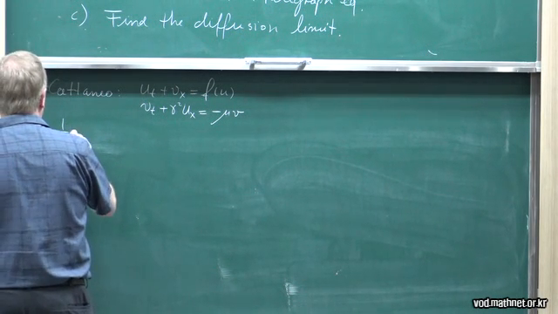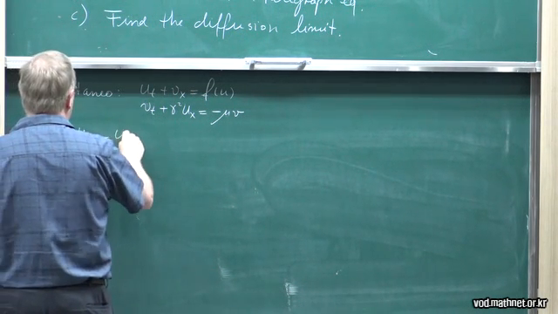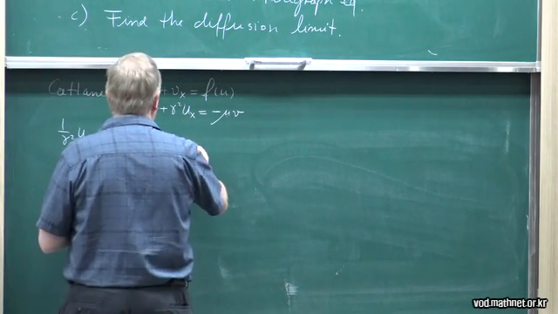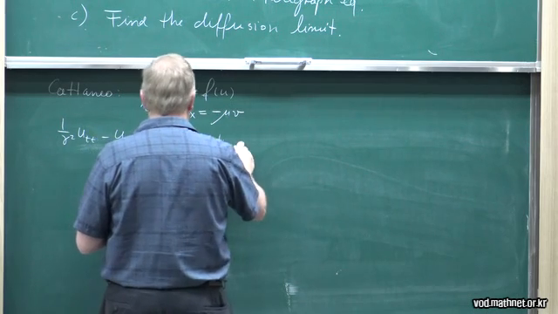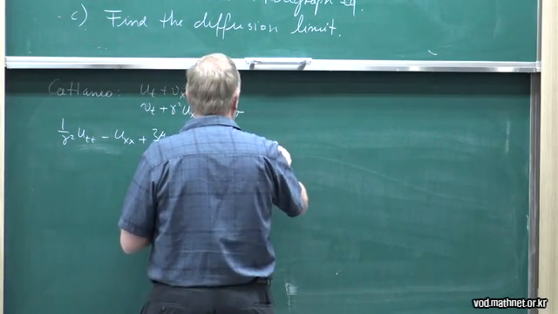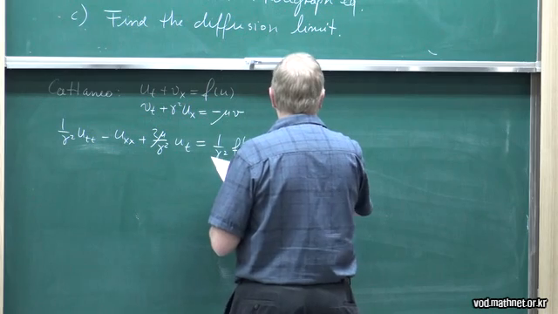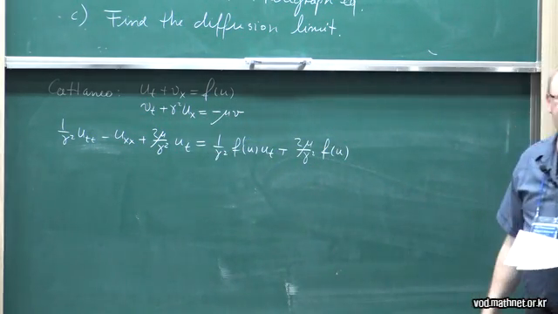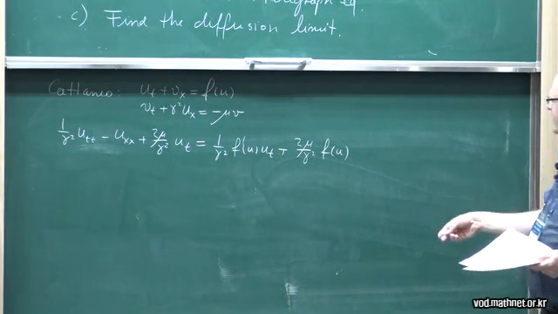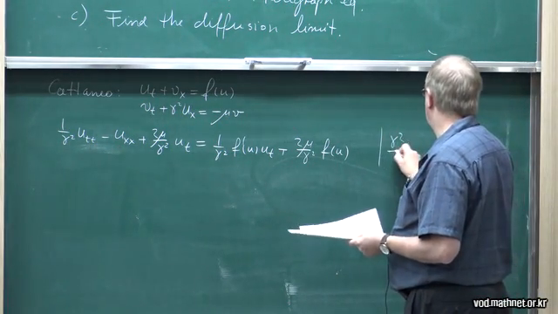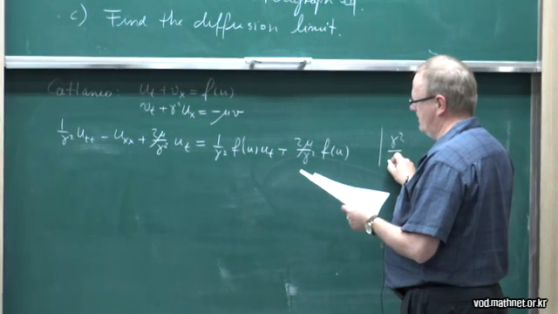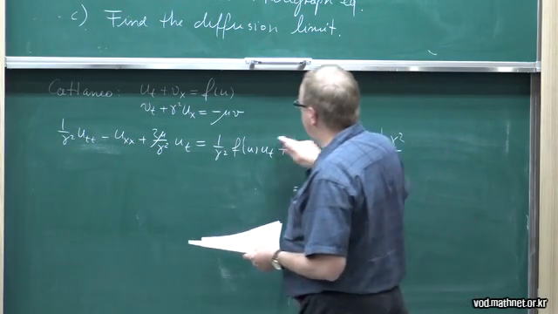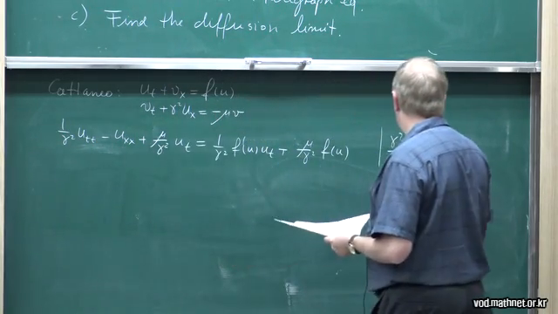So 1 over gamma square u_tt minus u_xx plus 2 mu over gamma square u_t equals 1 over gamma square f prime of u u_t plus 2 mu over gamma square f of u. This is not the most smart notation, so I really want to multiply by gamma square divided by mu. Oh, I confused myself. Okay, so there's no 2. So I got it. There's no 2.